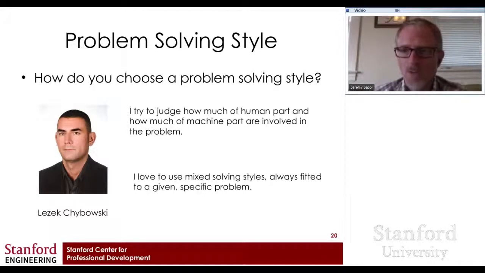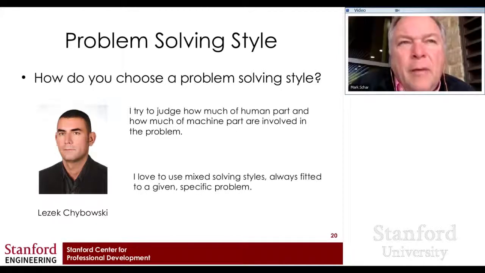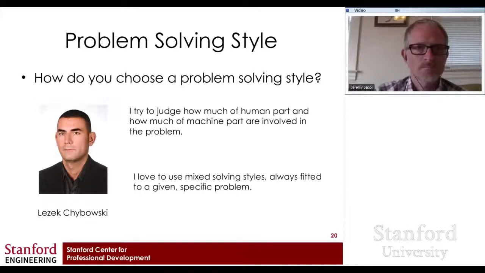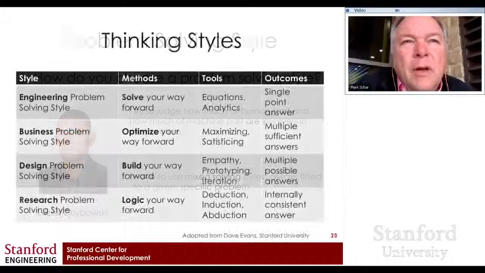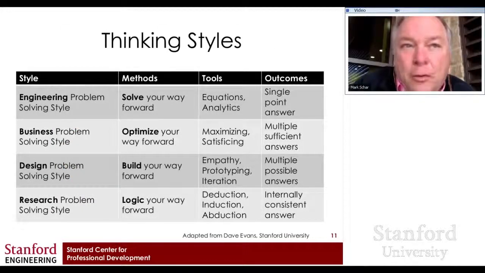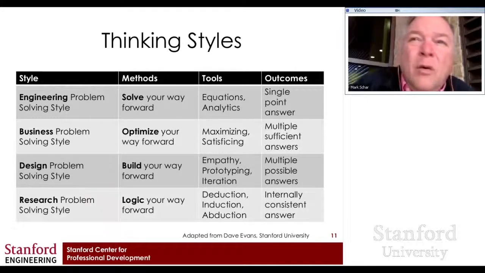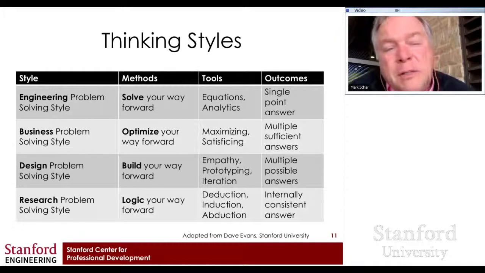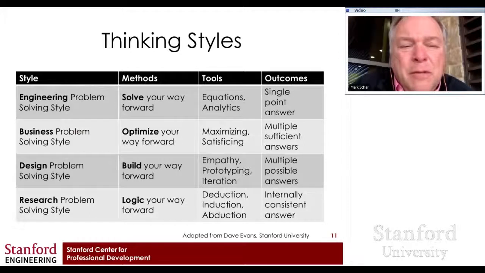Okay, Mark, what about you? That's exactly right. And Jeremy, if you can pop back to slide 11. A way of thinking about this is to say, what kind of answer do I need? If I think there is one calculably right answer, then engineering thinking is a good tool to use. If I think that there could be multiple answers and I have to decide what's the best answer and what's a sufficient answer, well, then maybe business problem-solving style.